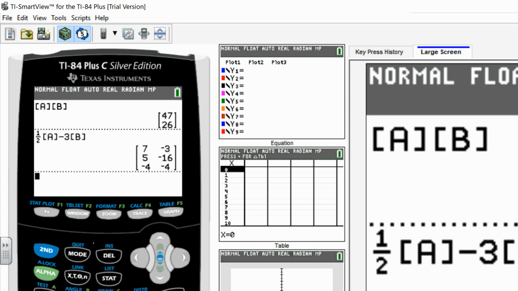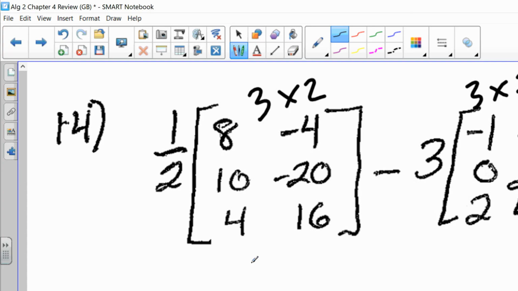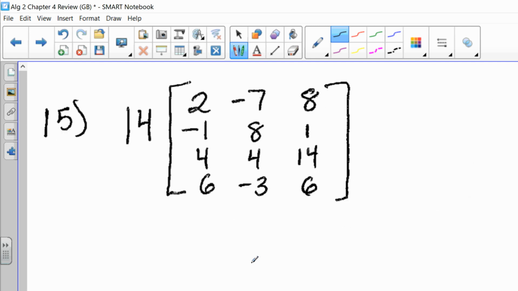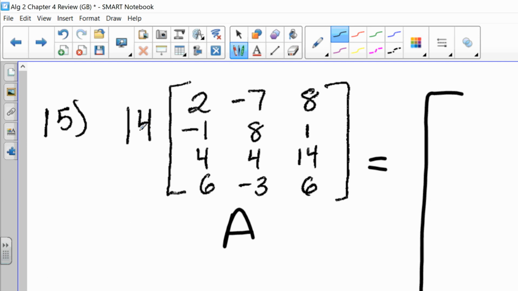Questions on this here? Any other questions on 13, 14, 15, or 16? We could type this into the calculator because we can define this as matrix A and type it in as 14A, and it would give us the answer.